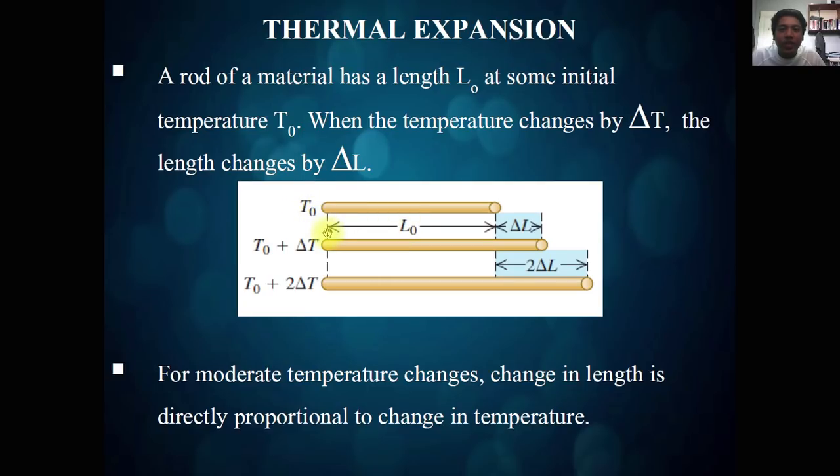When the temperature changes by delta T, when we increase the temperature experienced by this rod, the length also changes by a certain amount, delta L. If we increase the change in temperature to twice as much, the change in length, delta L, will also increase. In other words, the change in temperature is always directly proportional to the change in length.